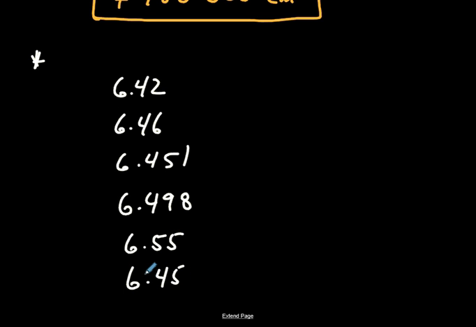All right, so for the first one, it's pretty straightforward. There's not a 5 there, so that just becomes 6.4. Remember, we need 2 sig figs in all these values. 6.46 is going to round up, no question there: 6.5. If it's 6.451 though, you look at the next digit over.